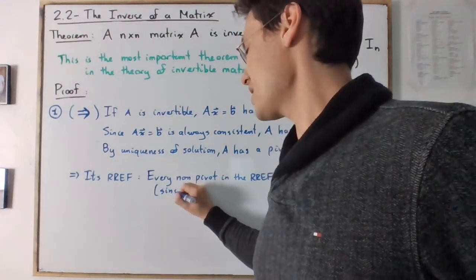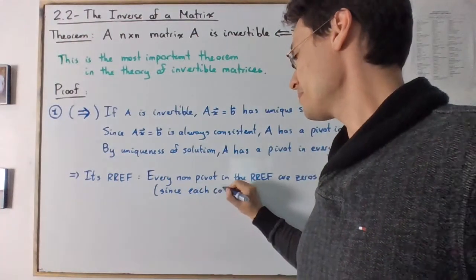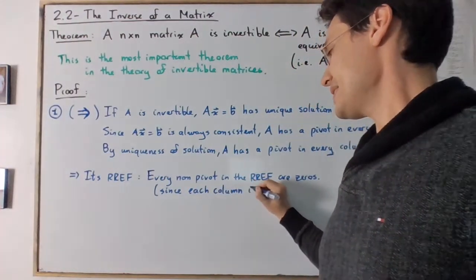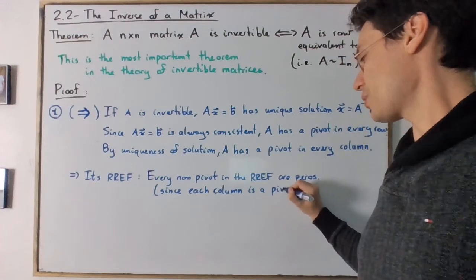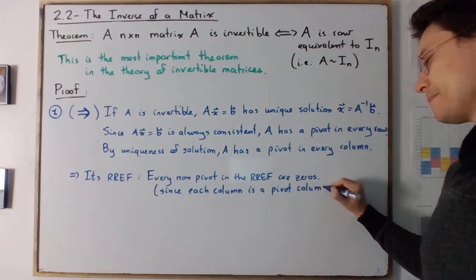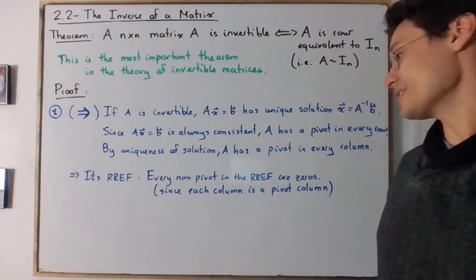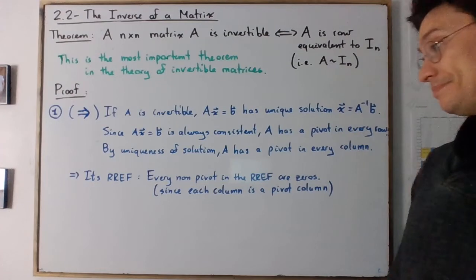This is because each column is a pivot column. So we don't have any non-pivot column in which we could have something that is not a pivot, but that's also not 0.